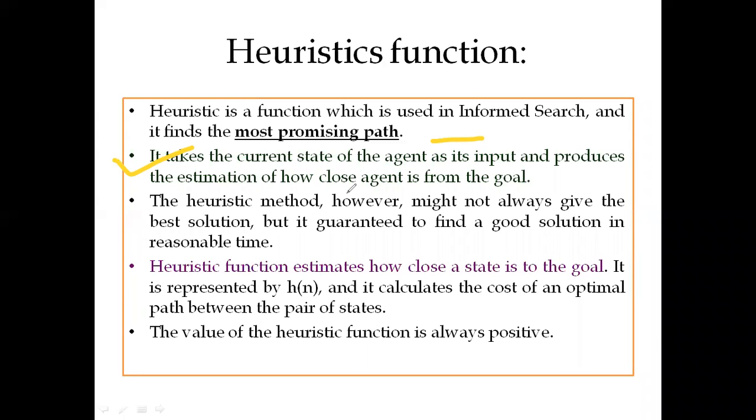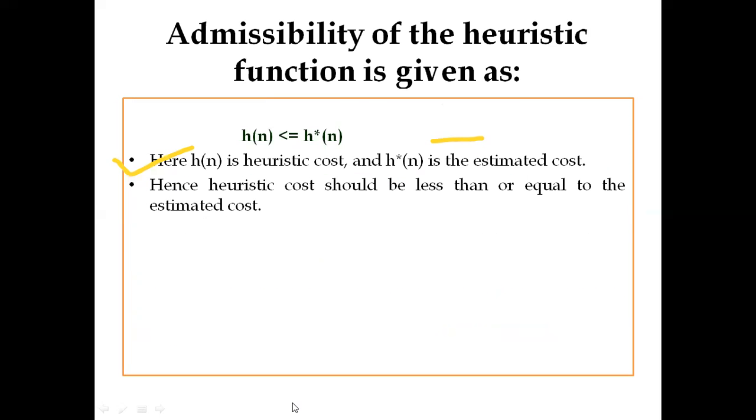Now this heuristic method might not always give the best solution, but it is guaranteed that it will find a good solution in reasonable time. It is very important that you know the relationship between the heuristic cost and the estimated cost.